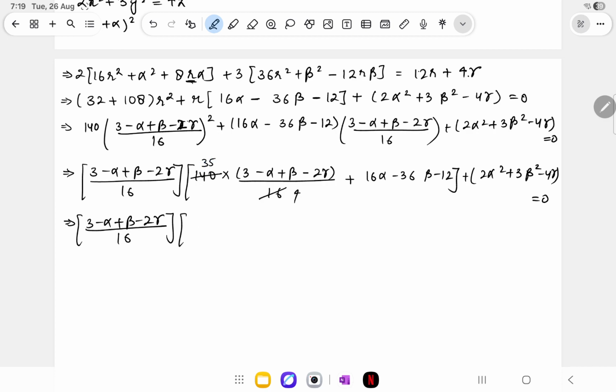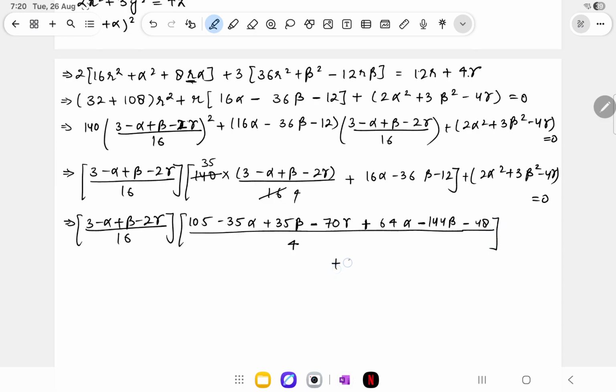So it is basically 35 into 3, 105, minus 35 alpha plus 35 beta minus 70 gamma, plus 64 alpha, minus 36 into 4, 144 beta, minus 48, plus 2 alpha square plus 3 beta square minus 4 gamma equals 0.